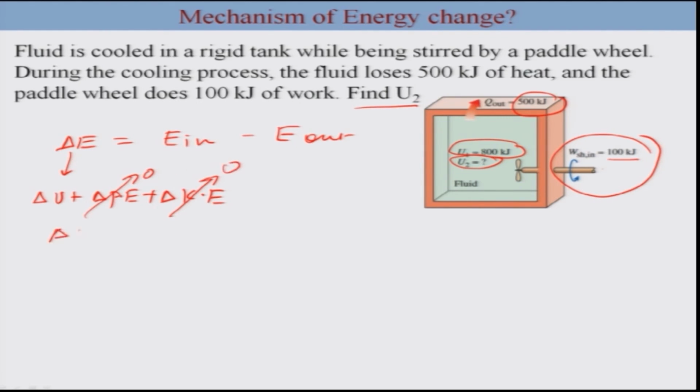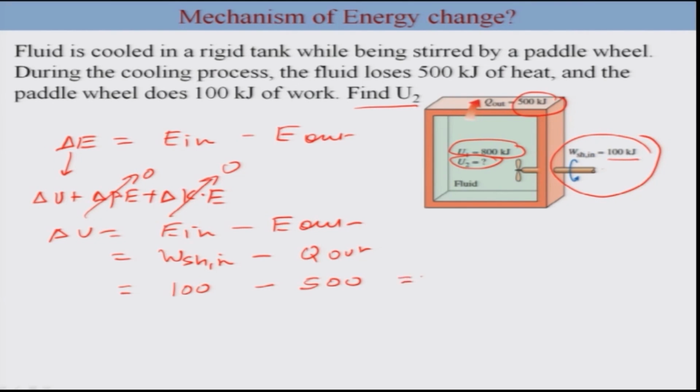So, you have delta U as E in minus E out. So, what is E in here? It is nothing but shaft work in, okay, and there is no heat supplied to the system. And what is E out? It is simply Q out. So, you have 100 minus 500.